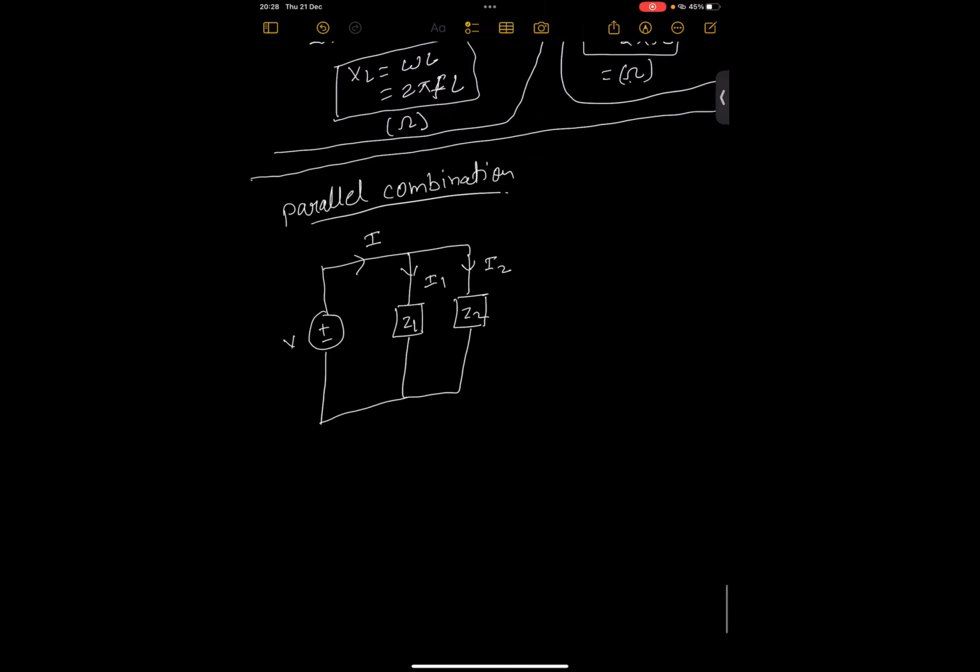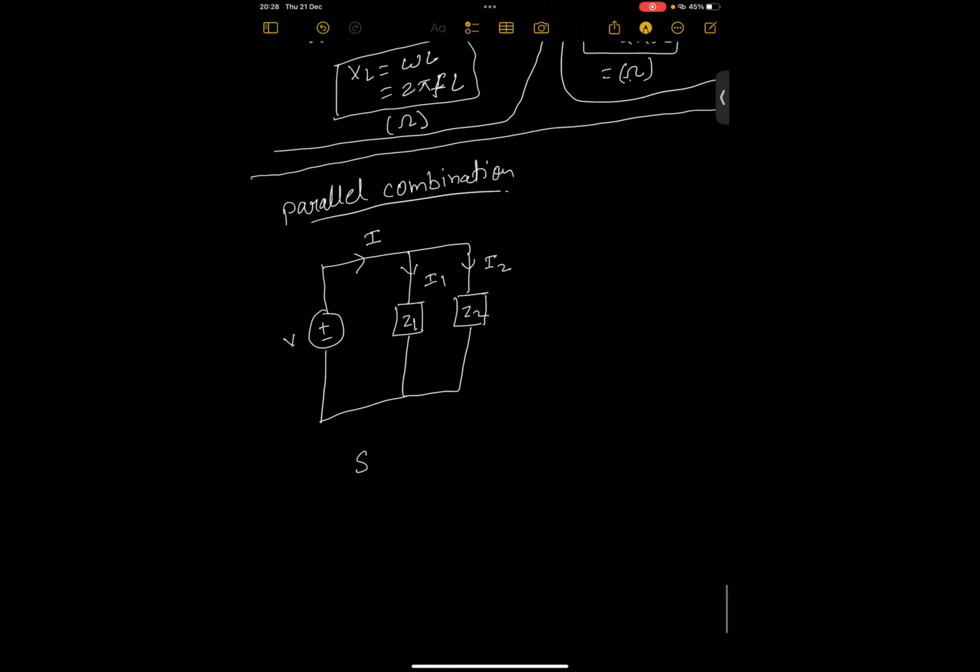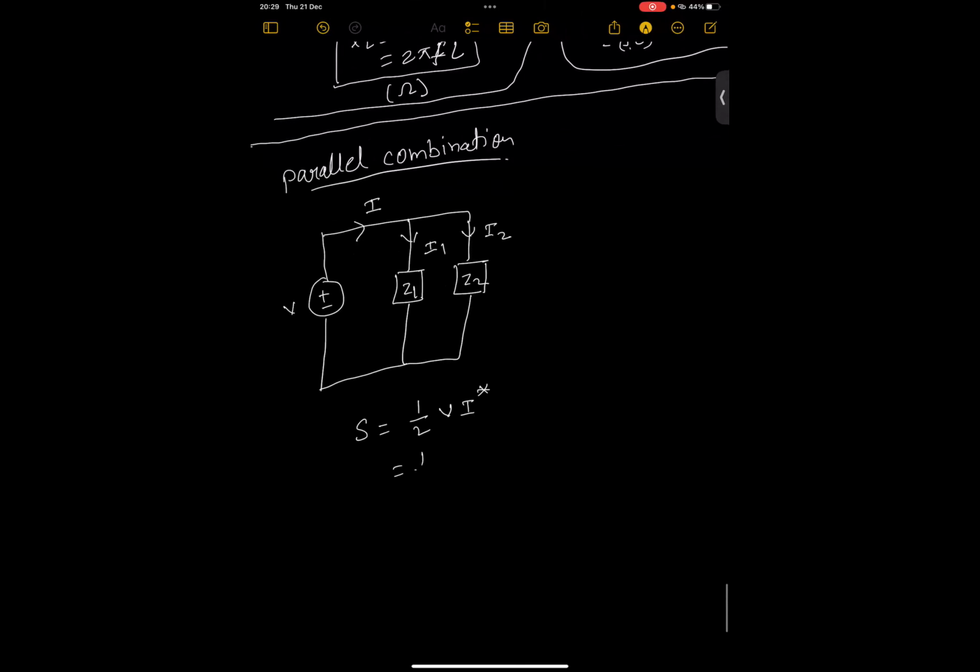So you know power S equal to 1 by 2 V I conjugate. Okay, so 1 by 2, two loads, first load this one, second this one. So V I1 conjugate, I equal to I1 plus I2 conjugate.